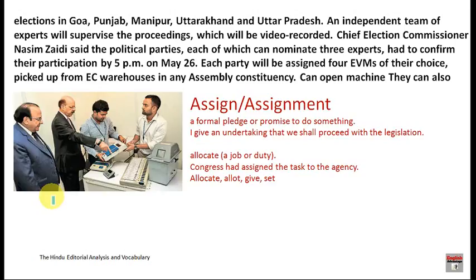May 26 is the last date for confirmation of participation, and it will be conducted on June 3rd. Each party will be assigned 4 EVMs of their choice, picked up from EC warehouses in any assembly constituency.